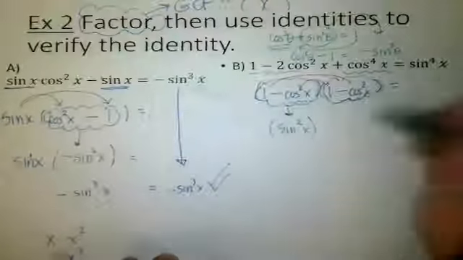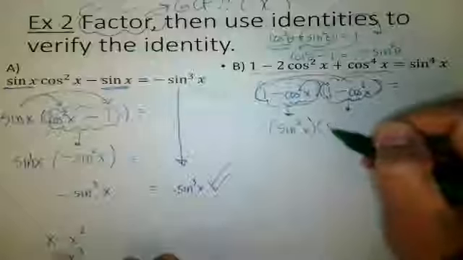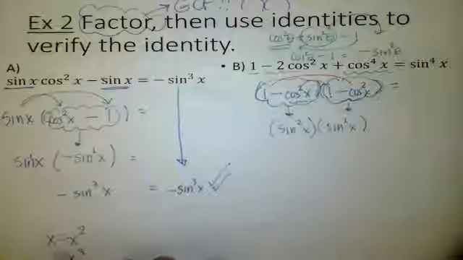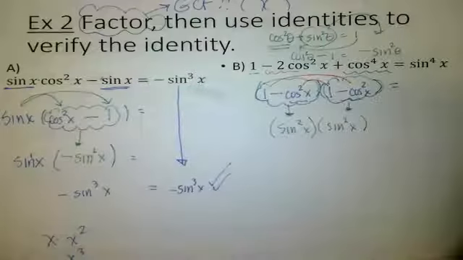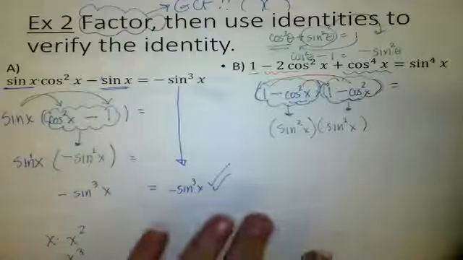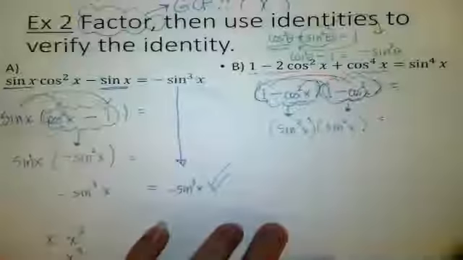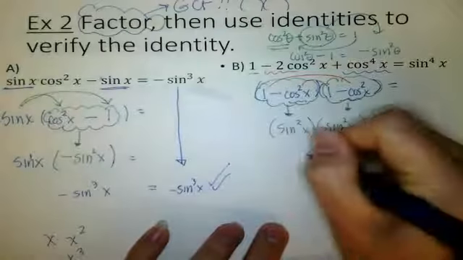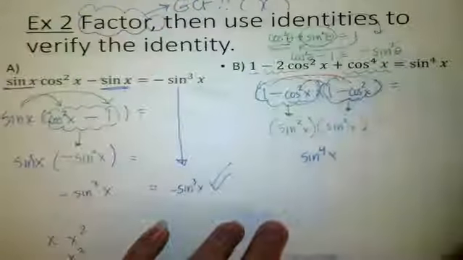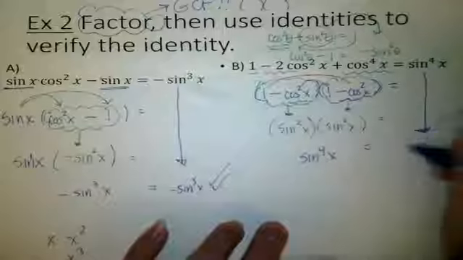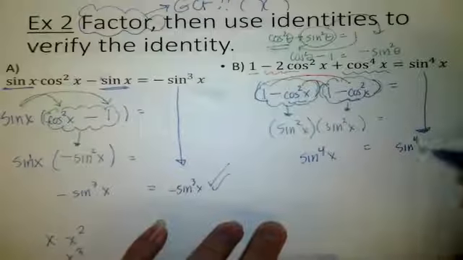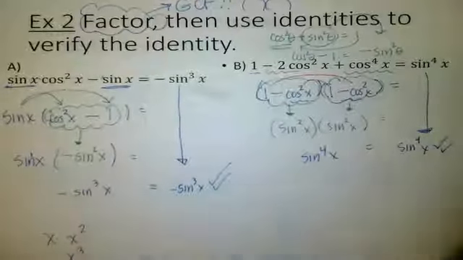Oh, sine squared, another sine squared of x. And then you multiply them, and that gives you sine to the fourth of x, which is ding, ding, ding. Oh my goodness, we're done.